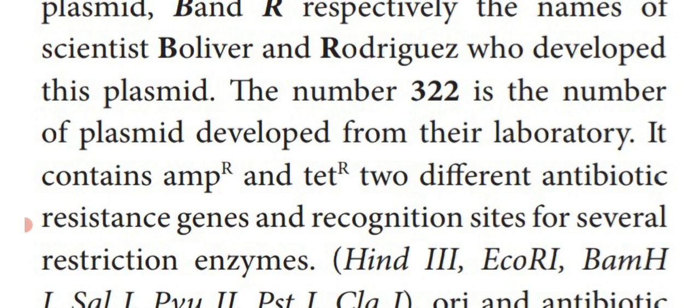That means this region with the genes of the cloning vector pBR322 contains resistance genes named AMP-R and TET-R, AMP for ampicillin and TET for tetracycline.